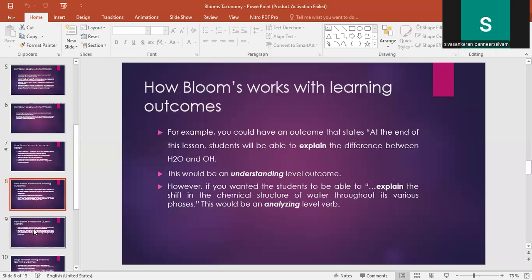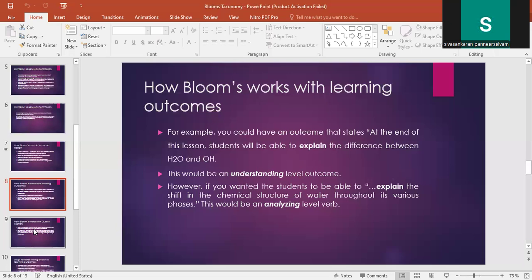This outcome is nothing but understanding, next to remembering. If the student wants to shift their learning outcome to the analyzing stage, then they have to explore further knowledge to study in depth the information on the chemical structure of water and hydrogen.